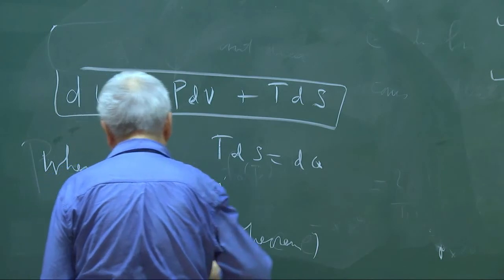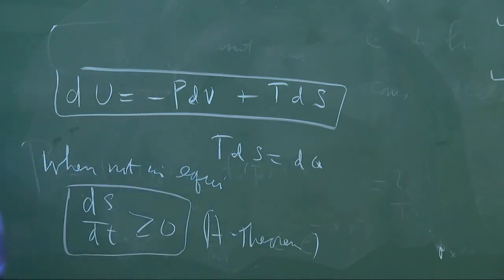And this tells me that the entropy of the universe never decreases. It always increases. And that's also a statement of the second law. Now, this is very troublesome. This is a profound statement, but very troublesome.